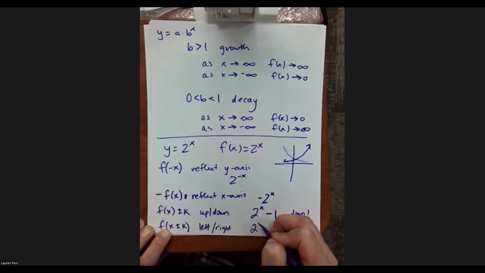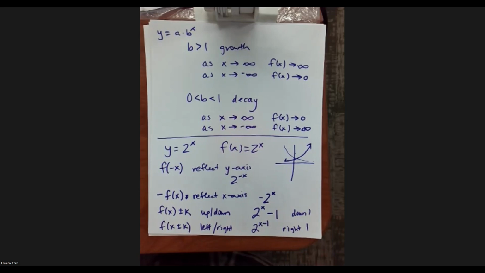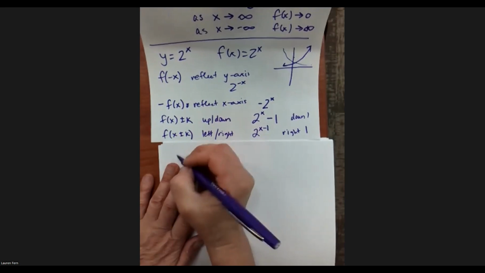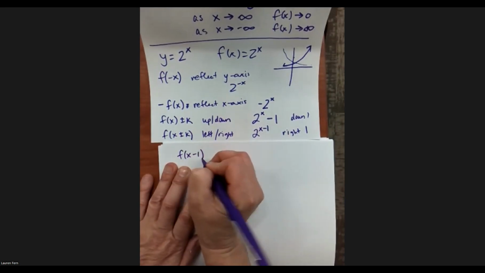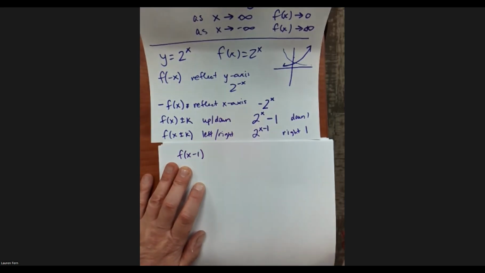So for example, if I have 2 to the x minus 1 power, that goes right 1 unit. Do you all see how that is what f of x minus 1 would look like? Okay, just want to be sure.